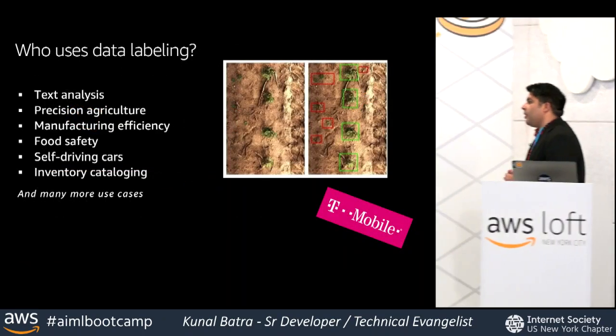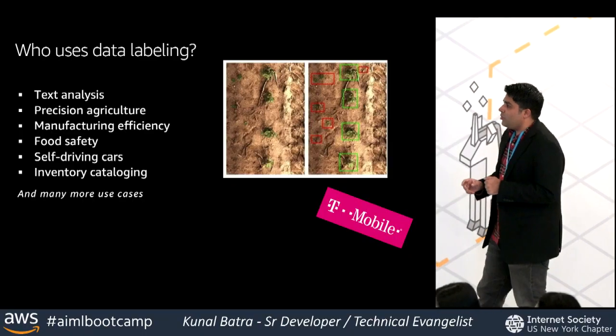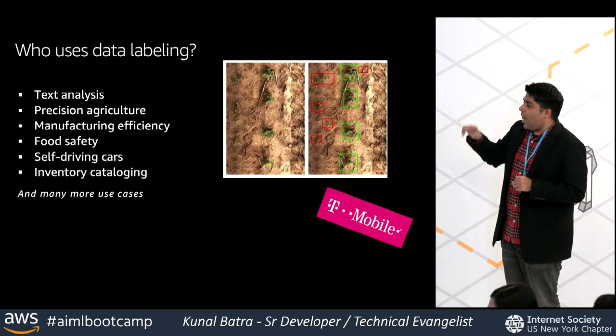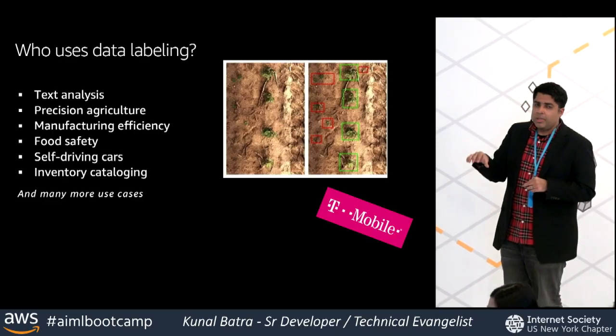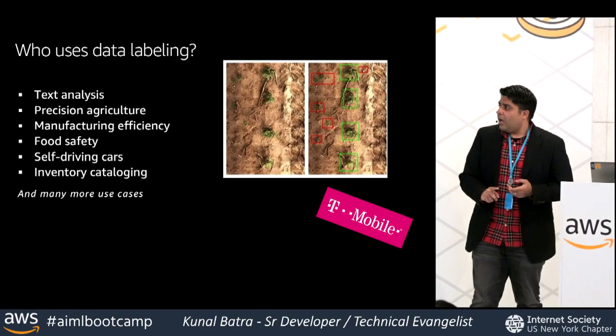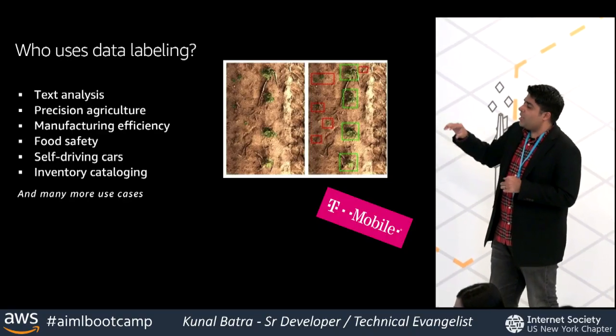And when I was putting together this slide, two of my favorite examples of SageMaker Ground Truth were, one, precision agriculture. So actually, farms now can have higher yields of crops with less use of pesticides, and even water by just targeting crops at the plant level instead of the whole farm, right?